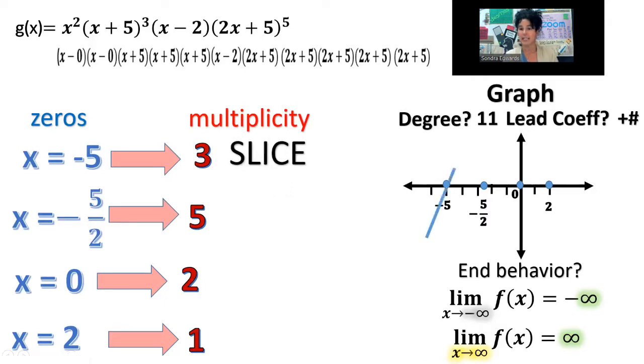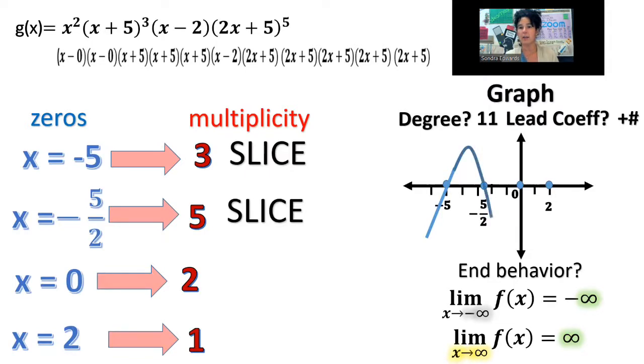So slicing through, and then we're going to have to get to this x-intercept, so we're going to have to turn around here, and at -5/2, the multiplicity is 5, so once again we're going to slice through the x-axis at -5/2.